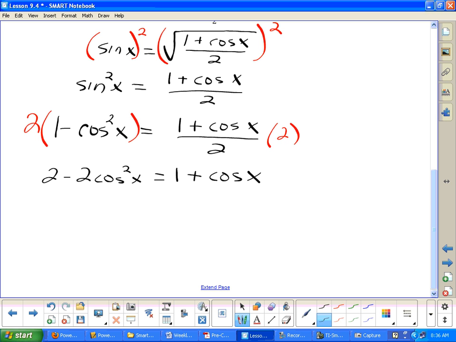All right. And now since we have a quadratic equation, we want to get everything on the same side, equal to 0. So I'm going to move everything to the right because I want my cosine squared to be positive.